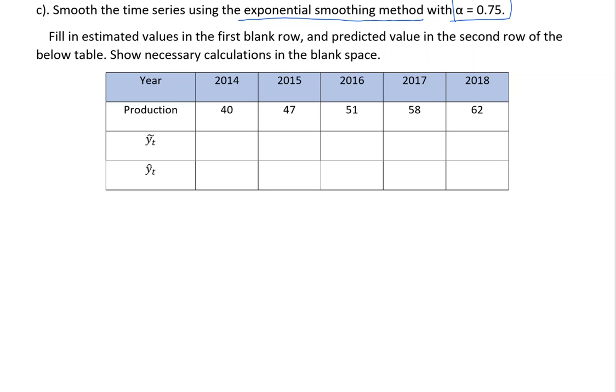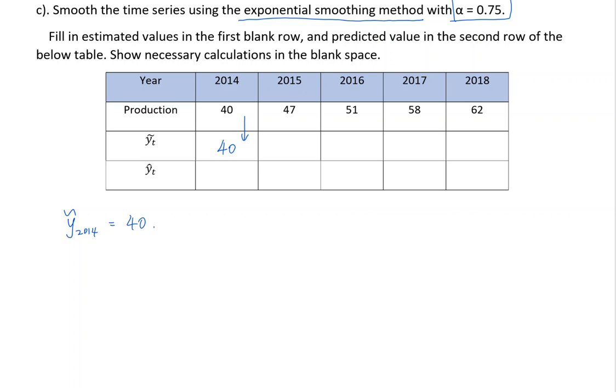For exponential smoothing method, we have the entries from the beginning, right? So first, beginning, since we do not have the previous value for 2014, we just enter 40, the same value here. Right, so that means we have the estimated value for 2014 is just a 40.